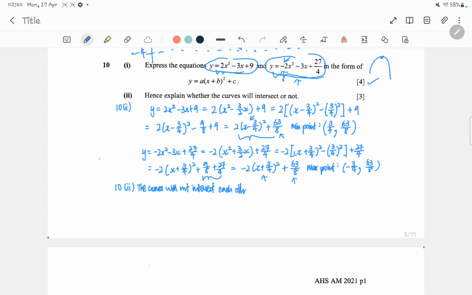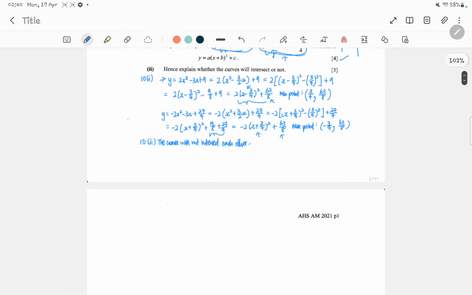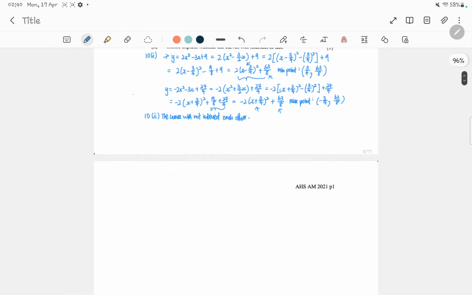Let's understand this by sketching the curves. This curve is a smiley curve, and you can see that the minimum point is 3 over 4 and 63 over 8.